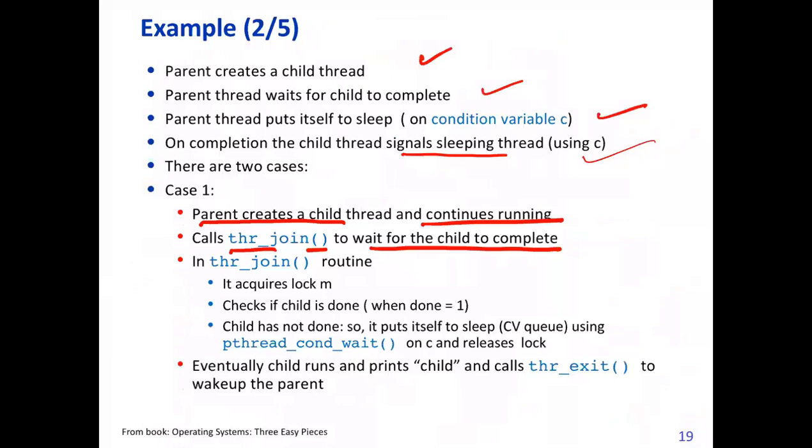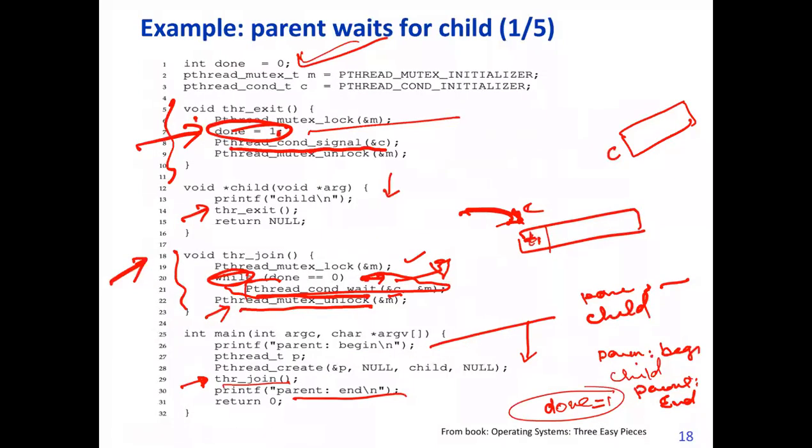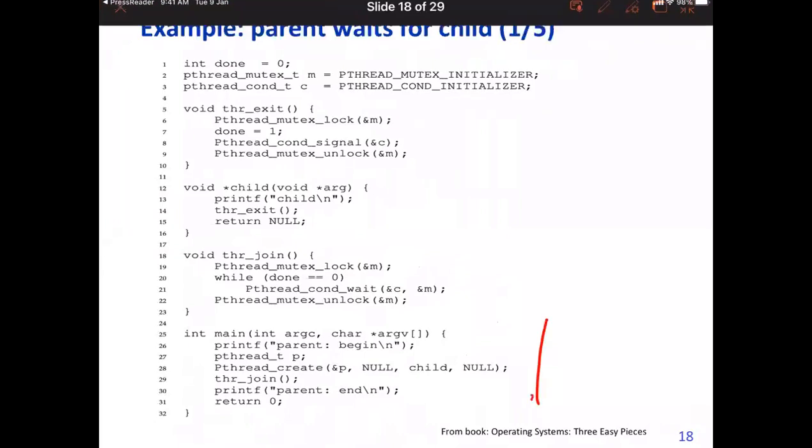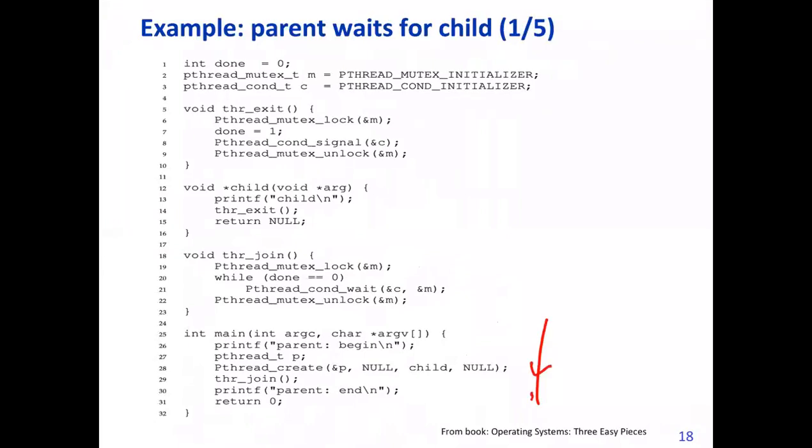This was the first scenario, when the parent moves ahead and gets itself blocked at a certain place. It gets blocked here, and then the child is executed and the child signals.